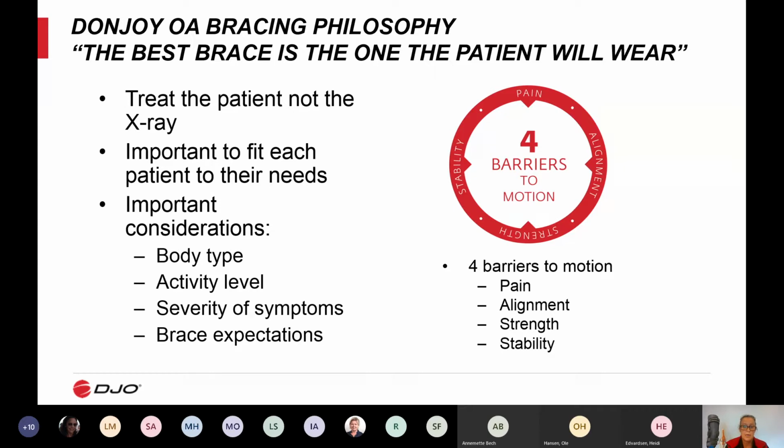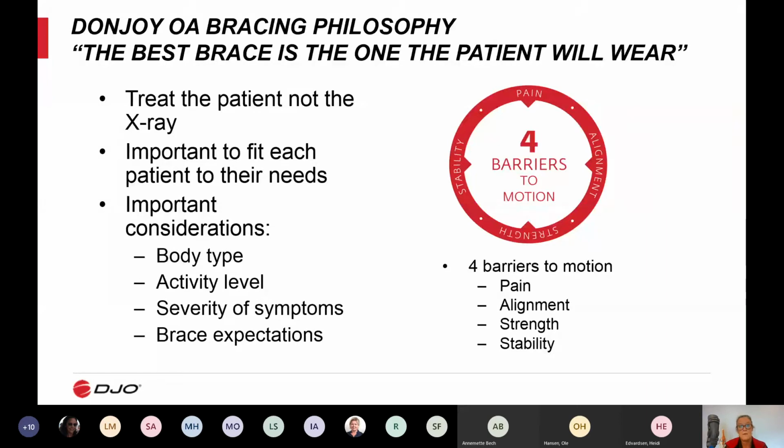And in DJO, we say we have 4 barriers to motion. If you have pain, you don't exercise. If you don't have the strength, you don't exercise. So: pain, alignment, strength, and stability. For those 4 things, we have multiple treatment choices.